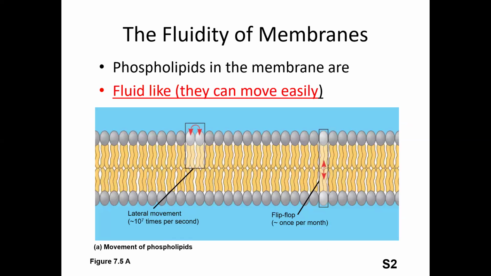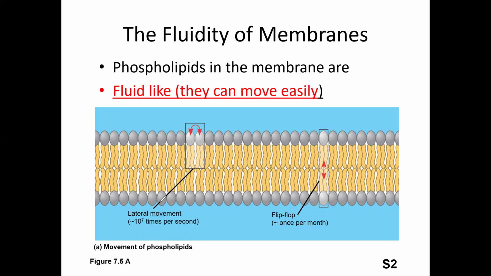And then the next is the fluidity of the membrane. Generally, cell membranes are fluid-like in nature. It means that the phospholipids in the membrane can move easily. Look at it. This is the lateral movement, 10 to the power 7 times per second.